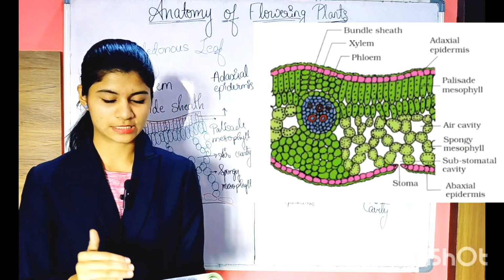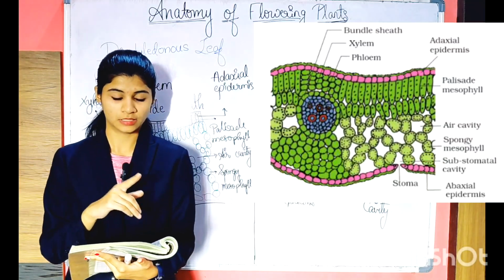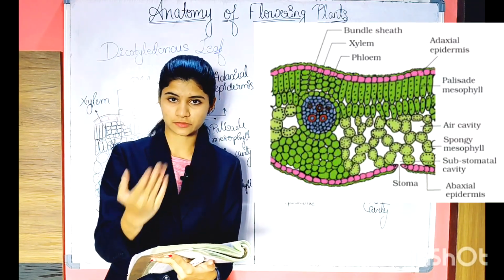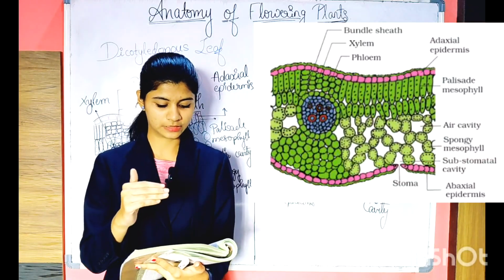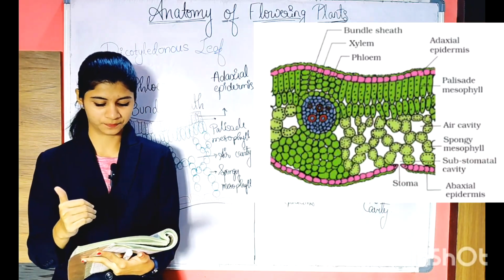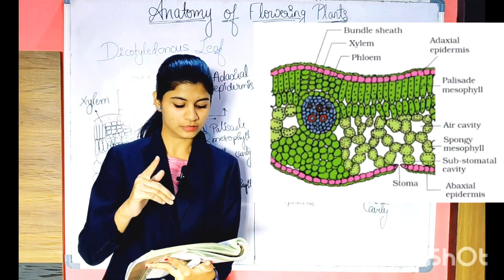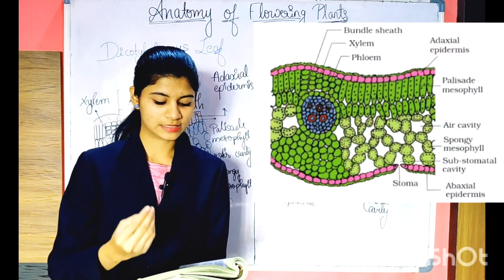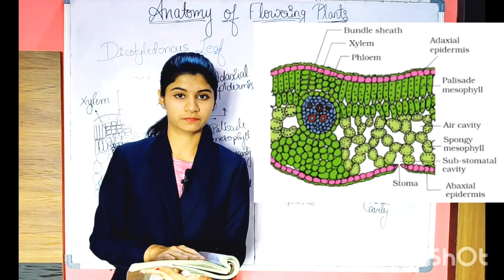Now what is the vascular system? As we learned in the starting chapter, about the ground system, vascular system and epidermal system, this will be the leaf side. This vascular system includes vascular bundles which can be seen in the veins and the midrib. What are the veins and the midrib?